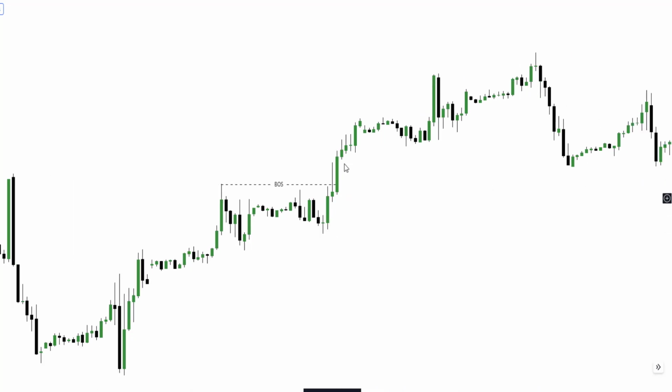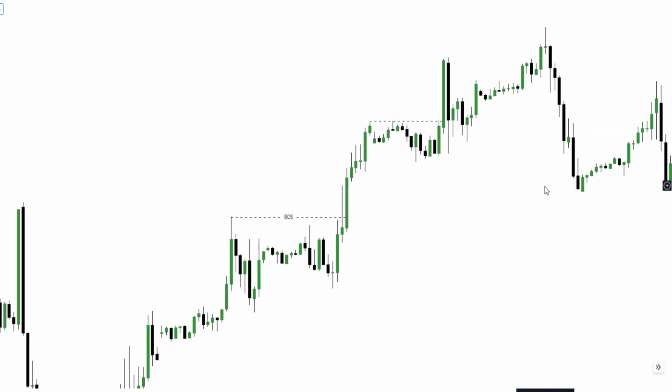Price push from here to this level, creating the highest point. The highest point is here, all right, and that is where you will mark as your structure. And if you have price closing above it with the body of the candle, then you can call it a break of structure.